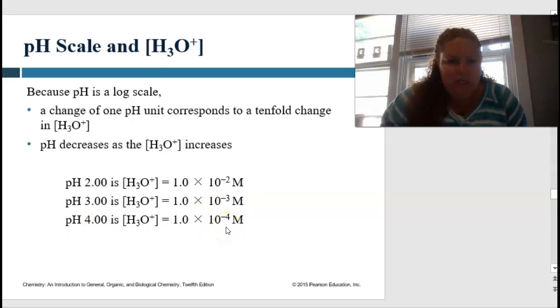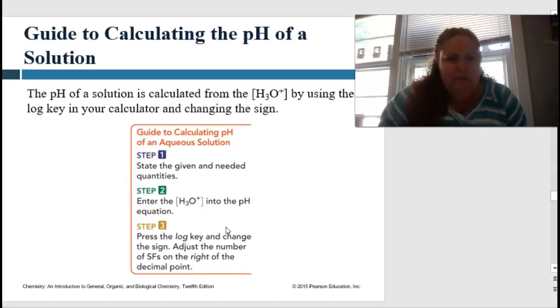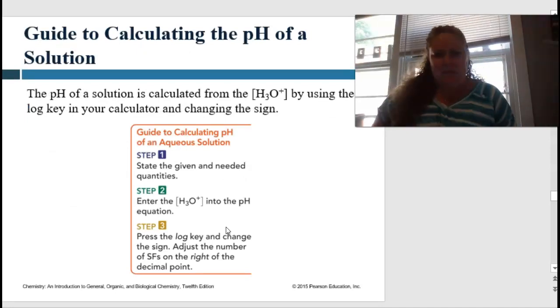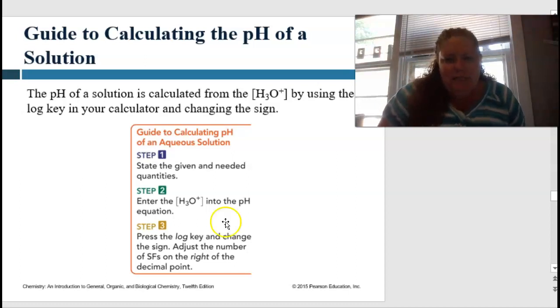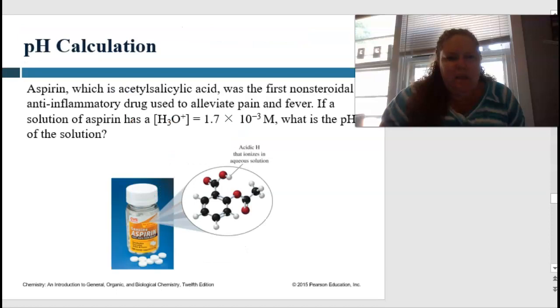So it's a 10-fold change. The guide to calculating the pH of a solution would be: 1. State the given. 2. Enter the H3O+ into the pH equation. 3. Press the log key and change the sign, and then adjust the number of sig figs to the right of the decimal point.